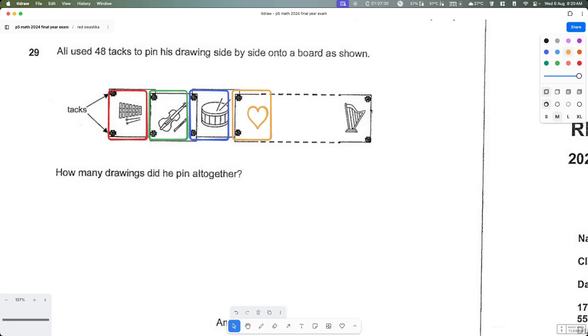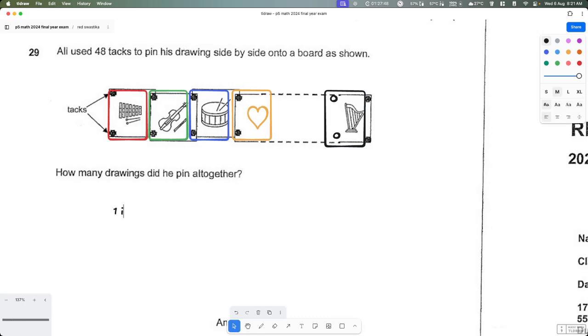So in this case, we can also assume that this tack over here will also have an image over here. Okay, so then we are left with these two tacks.